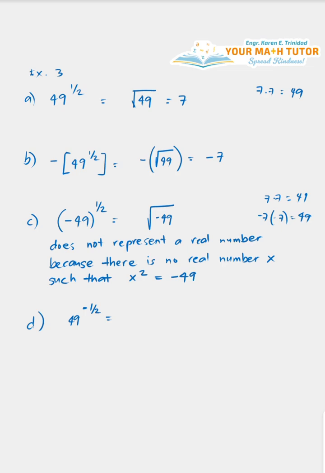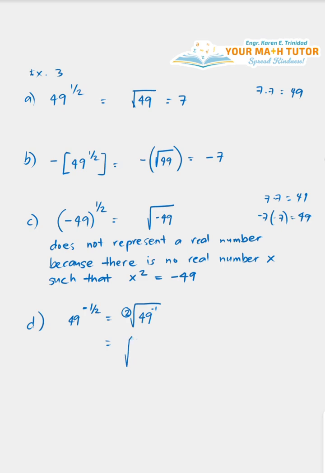The last is 49 raised to negative 1/2. Always remember that the denominator becomes the index, and that we have here the base, that's the radicand, 49, and then you get this value, negative 1. Remember that when the power is negative, it becomes 1 over. So this is not necessary.